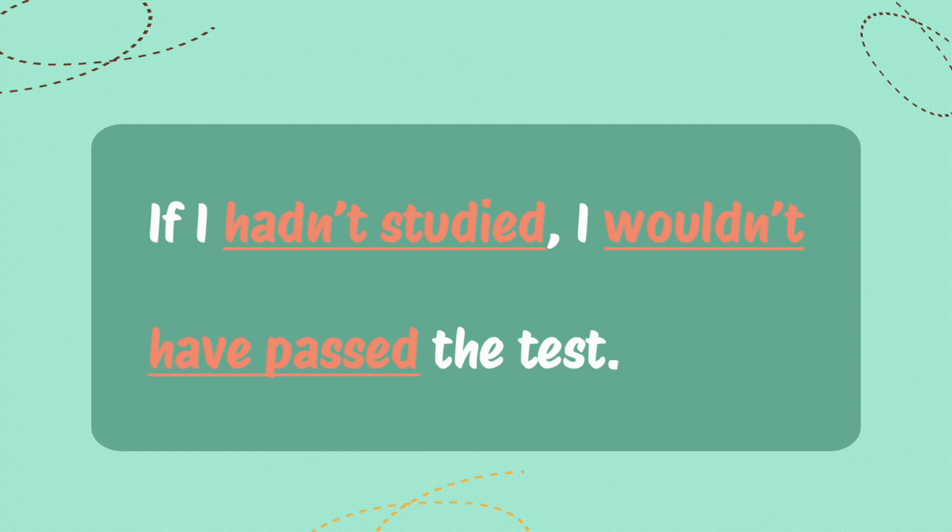Forming the third conditional can be a little tricky. There are a lot of complicated verb tenses being used here. Here's an example answer. If I hadn't studied, I wouldn't have passed the test. Notice that we use the past perfect in the if clause, and we use would plus the present perfect in the main clause.